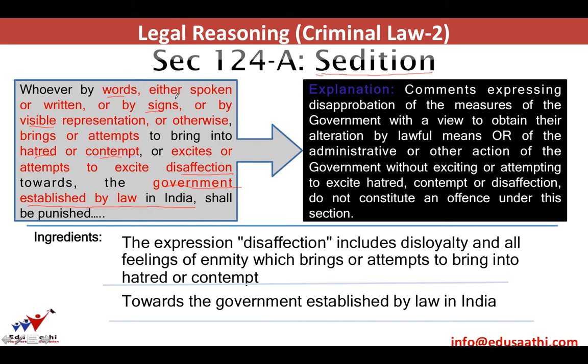So the person must be intending to bring hatred or disaffection by all these kinds of representation, by words or by signs, by visible representation, against the government of India.